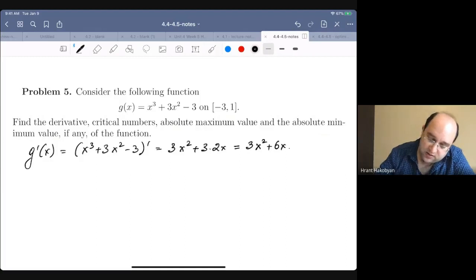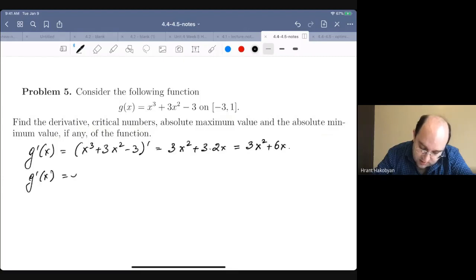Next, find the critical points. Okay, so for the critical points, I need to set the derivative of x equal to 0. So that means I'm going to look at the solutions to 3x squared plus 6x equals 0. So how do I solve this?